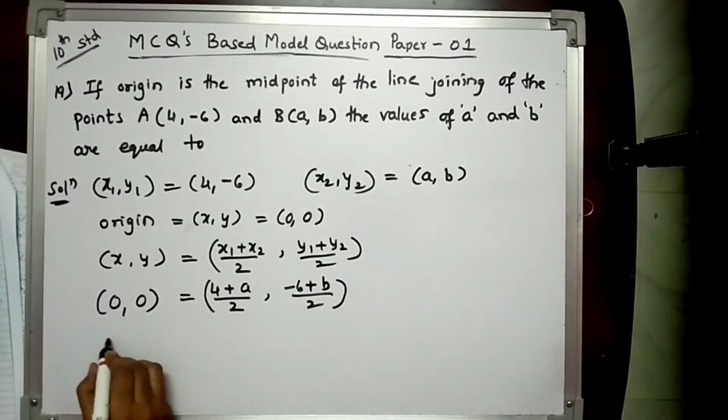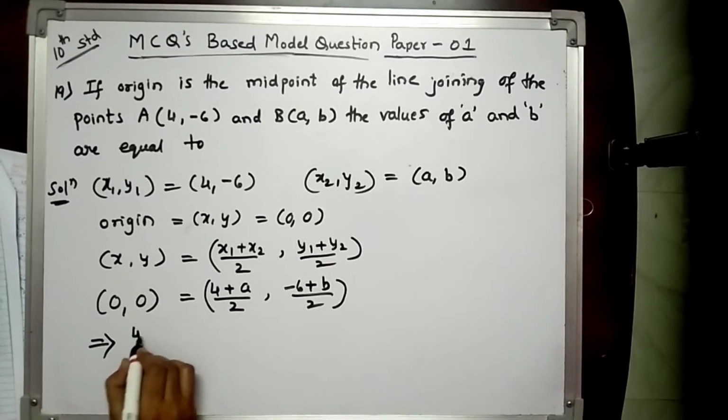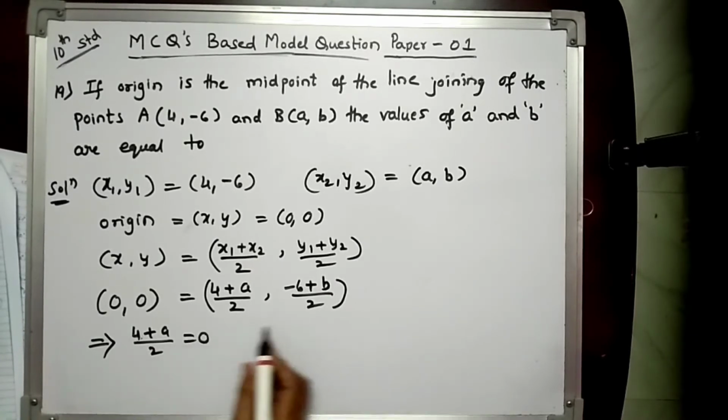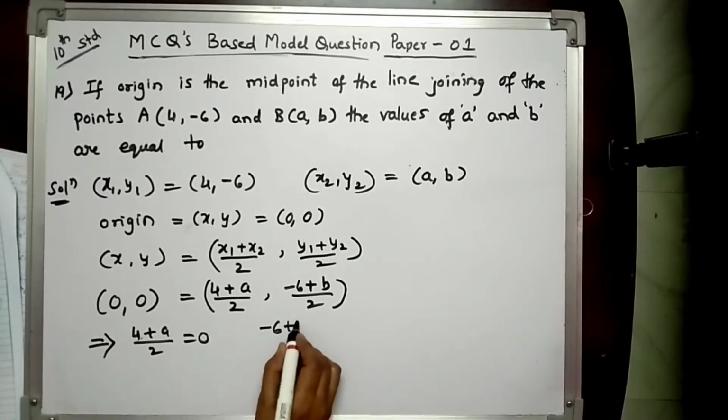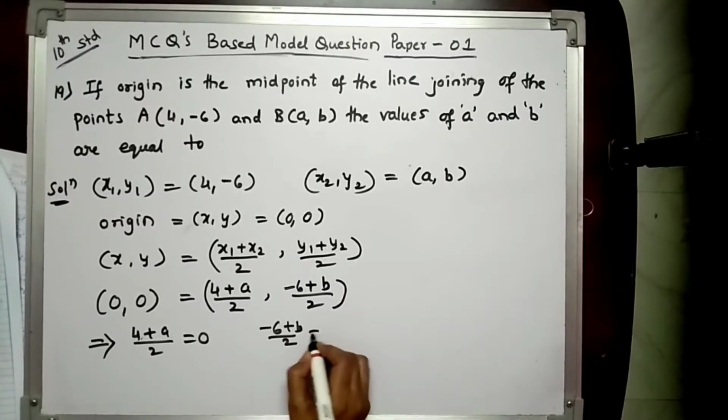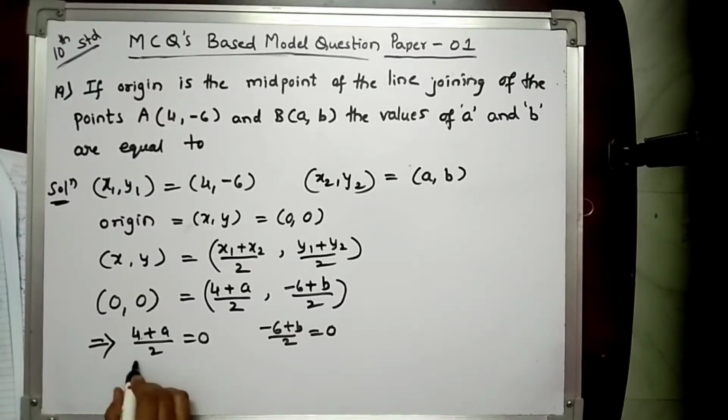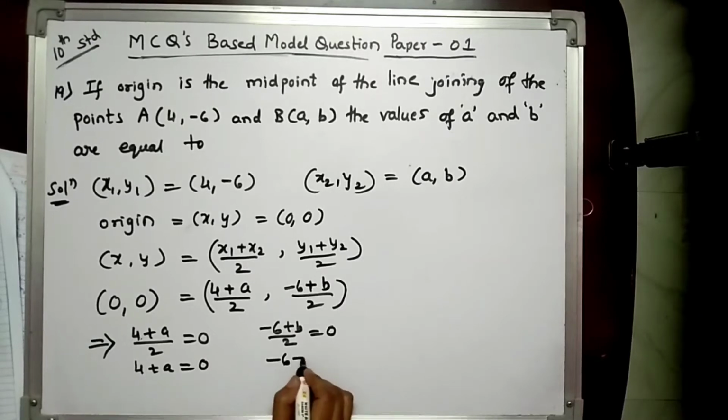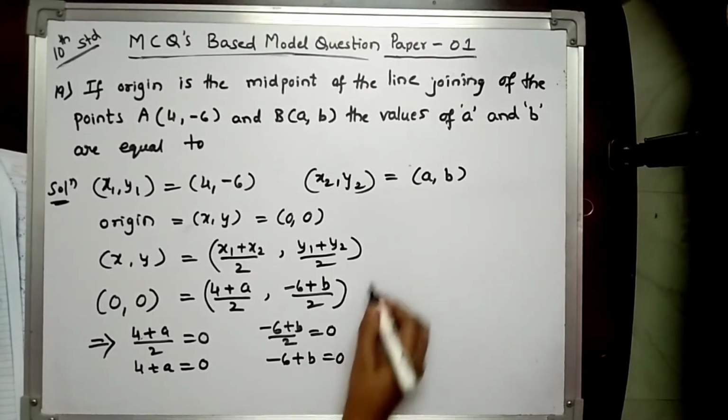Now you equate 4 plus a by 2 is equal to 0 and minus 6 plus b by 2 equal to 0. So 4 plus a is equal to 0, and next minus 6 plus b is equal to 0.